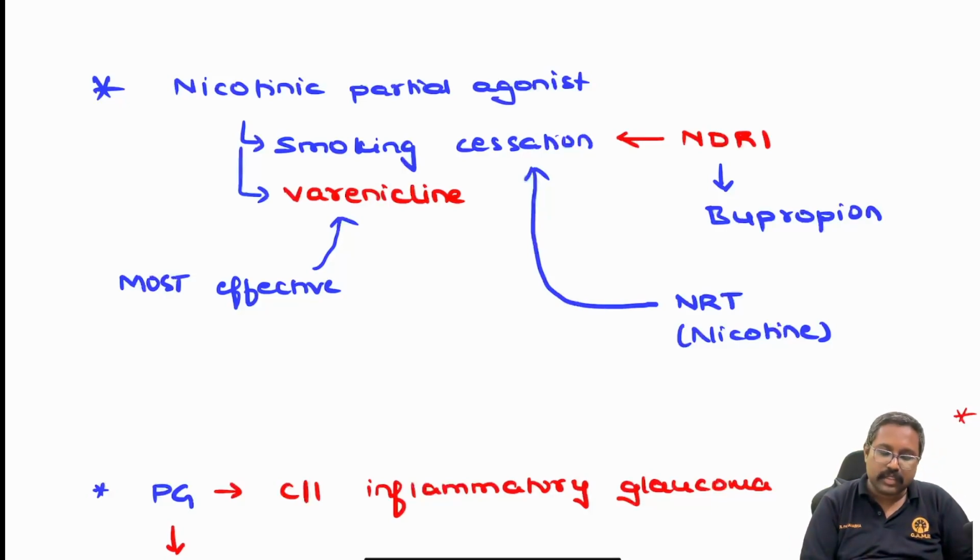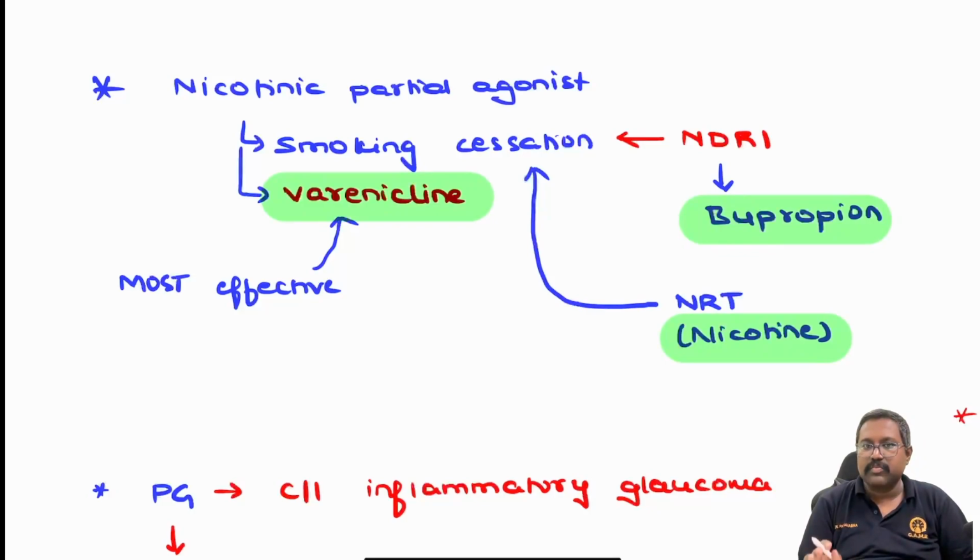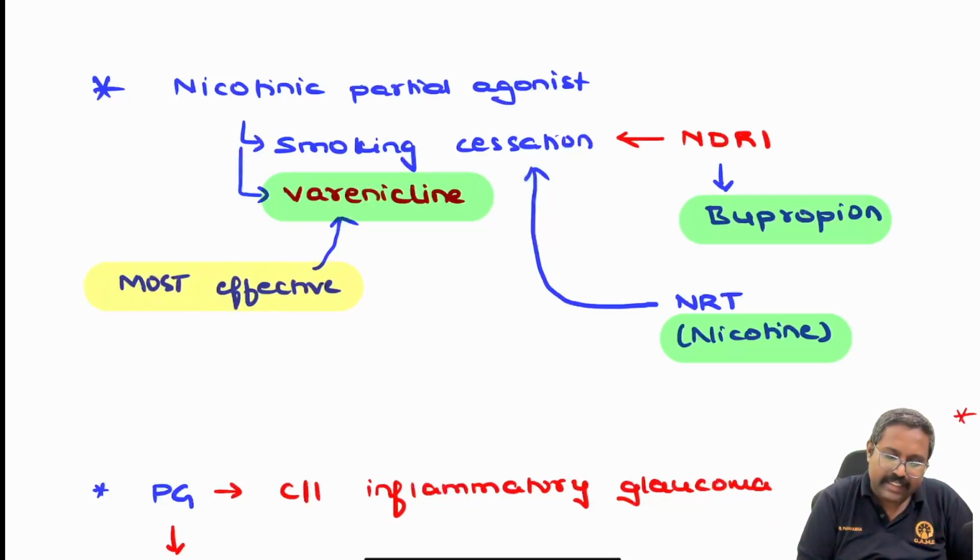We can use either varenicline, or bupropion, or nicotine. Bupropion is a noradrenaline dopamine reuptake inhibitor. Among these smoking cessation agents, the most effective is varenicline. Varenicline is the most effective drug.